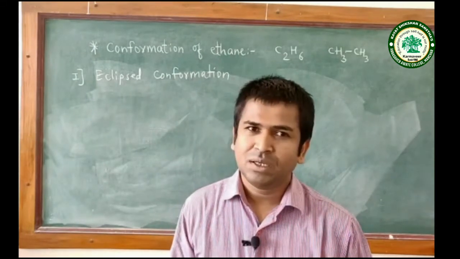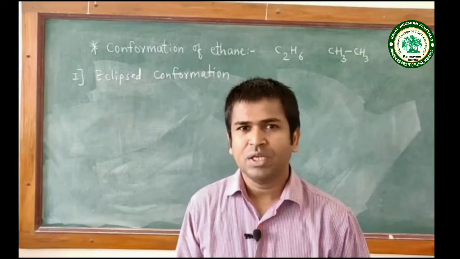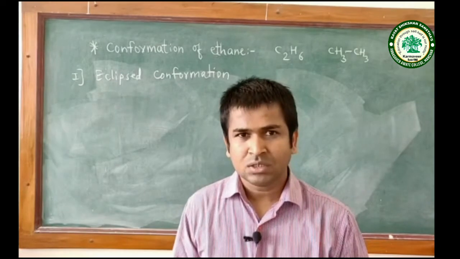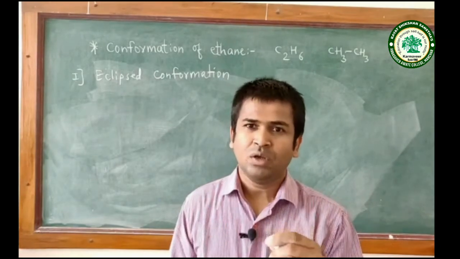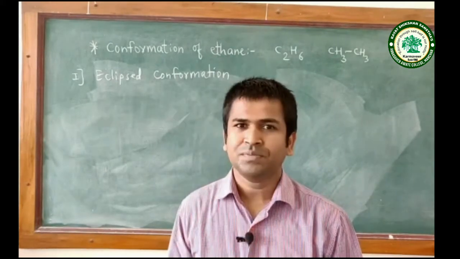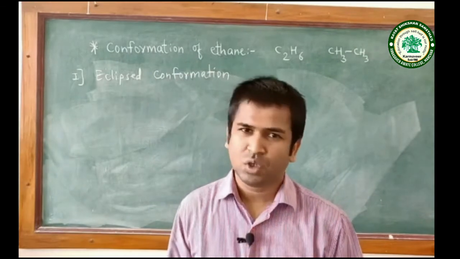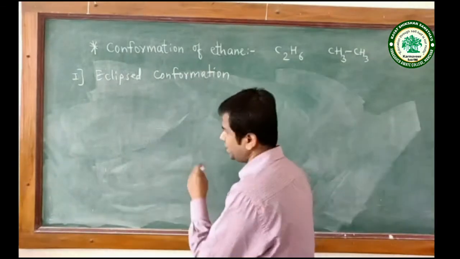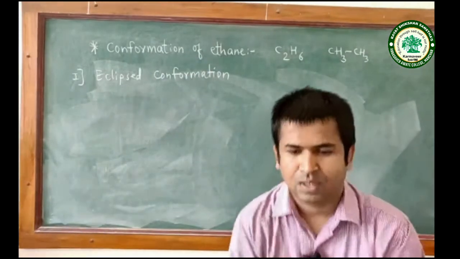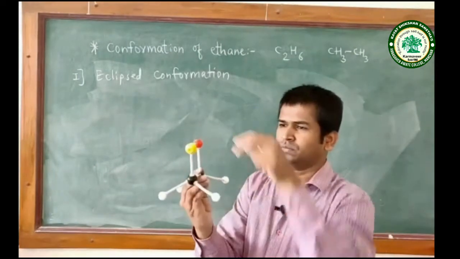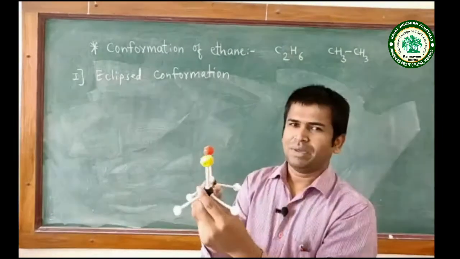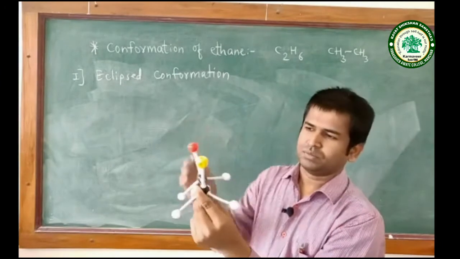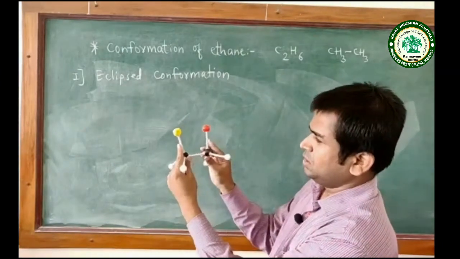Eclipse conformation, it is the conformation in which the hydrogens which are present on the adjacent carbon are maximum close to each other. So here you can see in this structure these two hydrogens are maximum close to each other. Getting this? See? Okay.